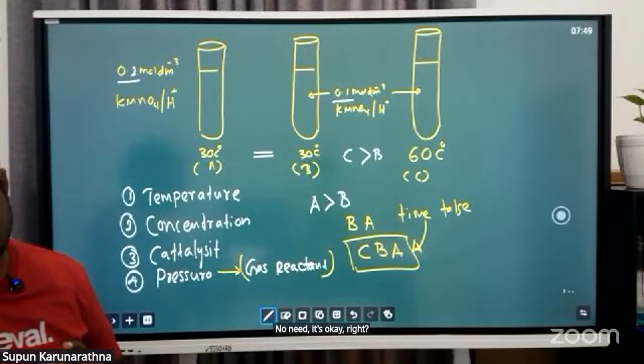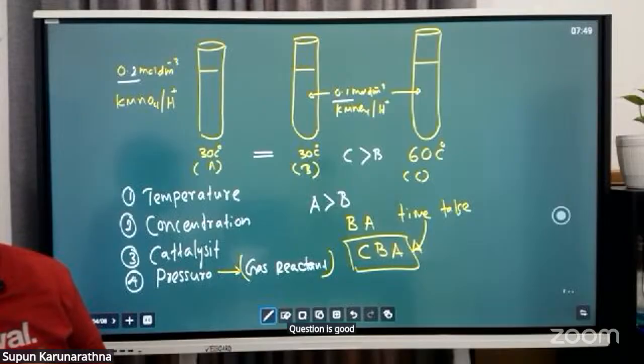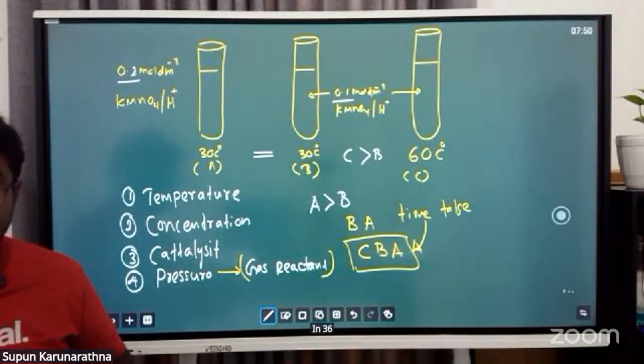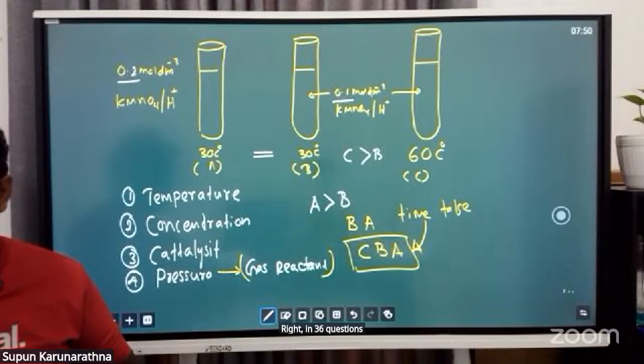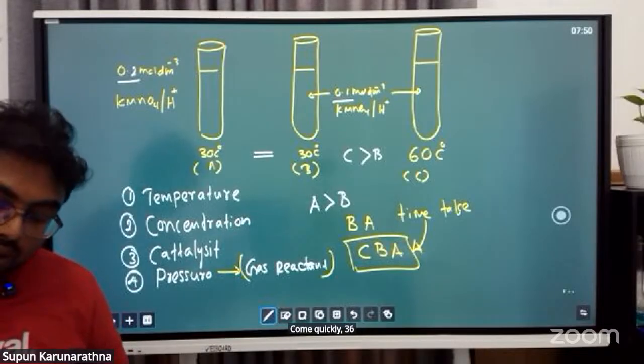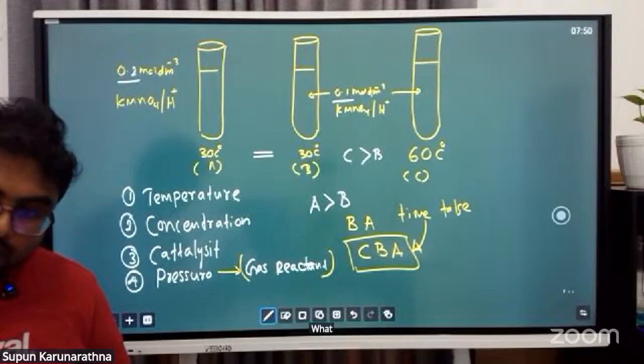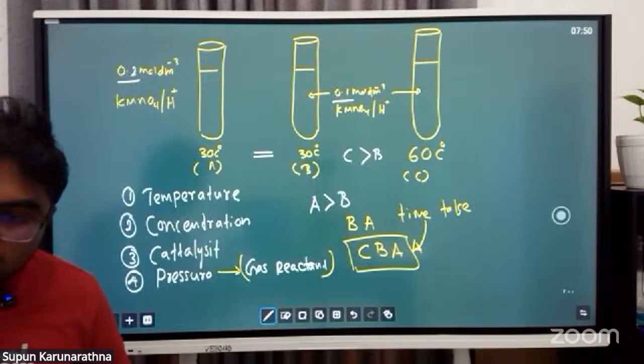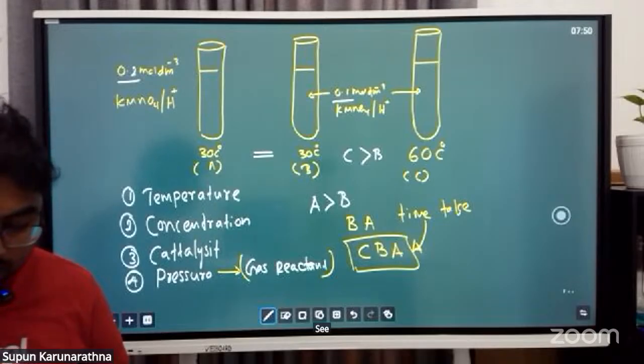The question is good. In 36, right? In question 36, come quickly, question 36. What is it in question number 36? Someone asks whether it can be CAB. CAB.